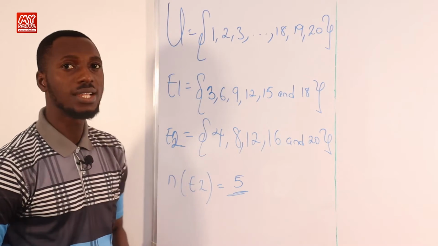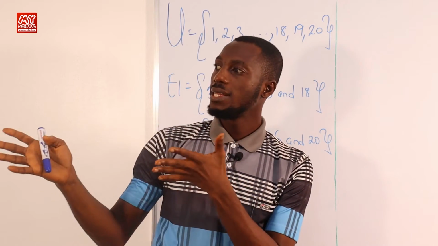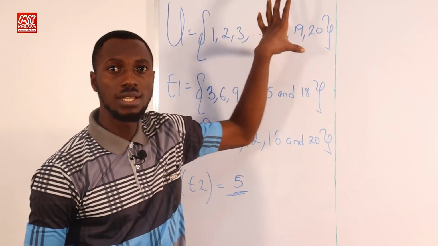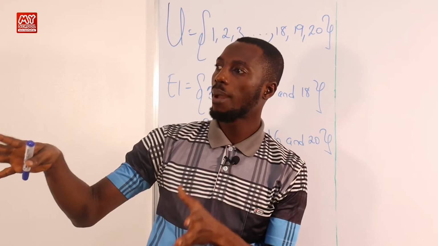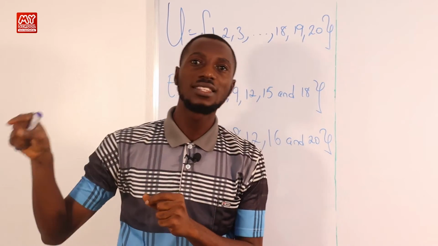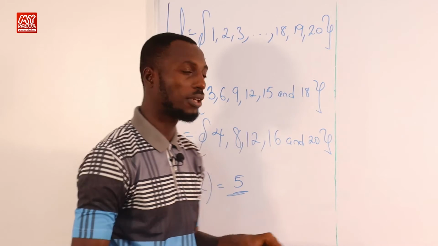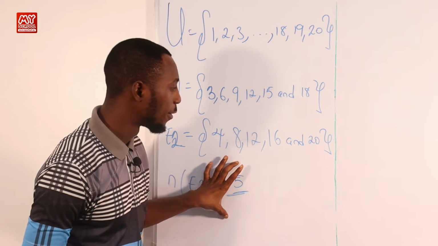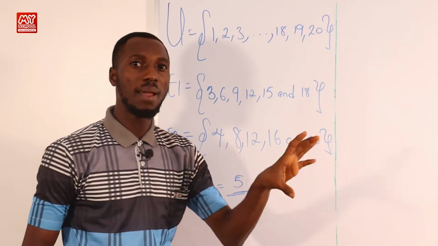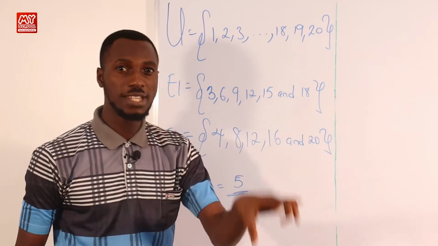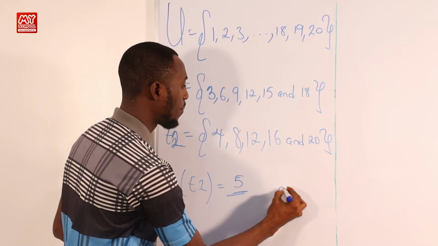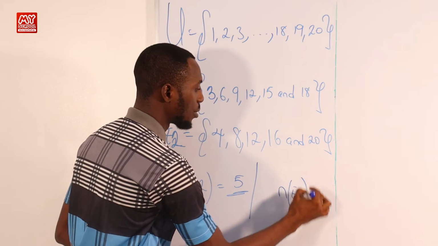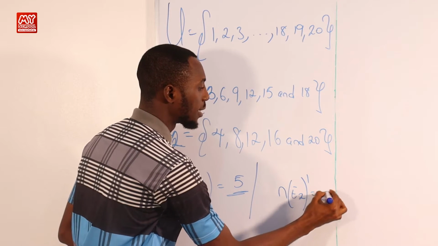So the question requires that if an integer is picked at random from U, U contains 20 members, find the probability that it is not in E2. So the number of members in E2 is 5. So the members that are not in E2, they are 15. So the number not in E2, this is the complement, is 15.